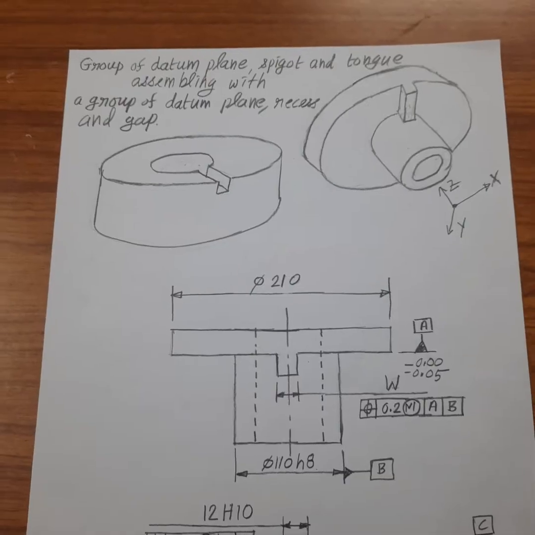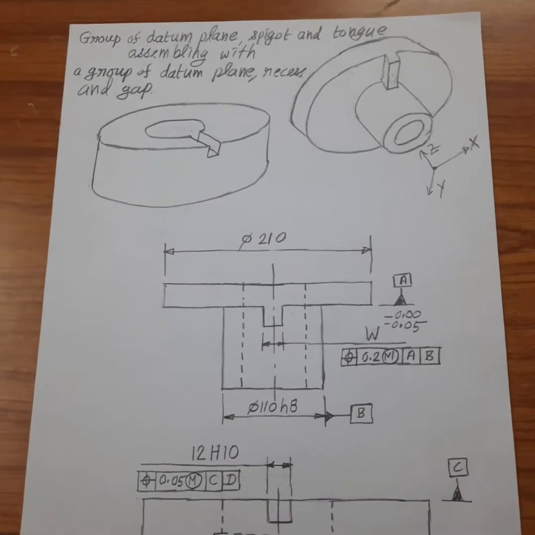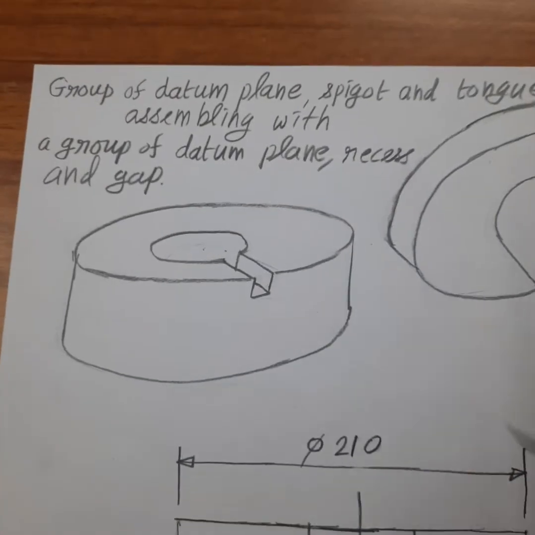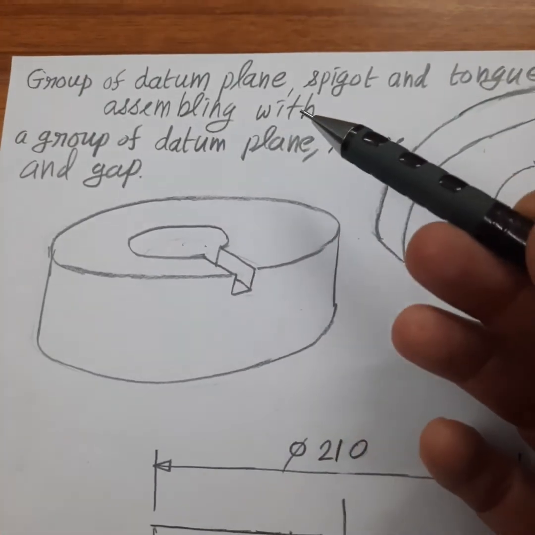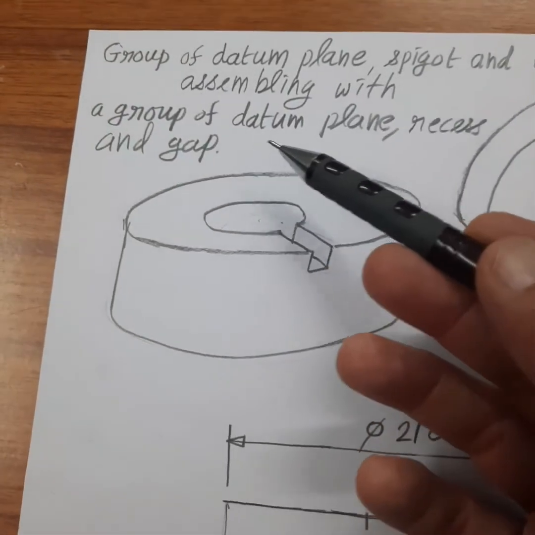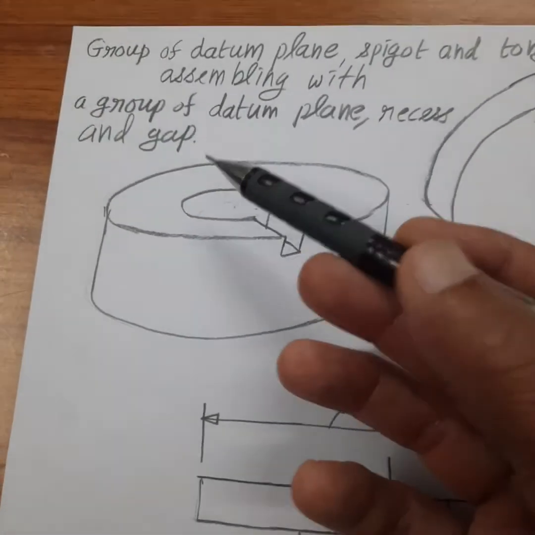I am going to discuss one type of datum system in this session. This is called group datum plane, spigot and tongue, assembling with a group of datum plane, recess and gap.